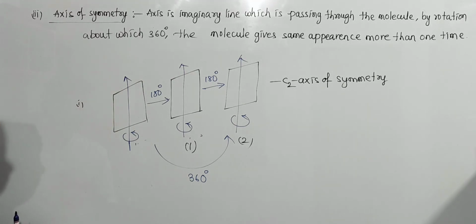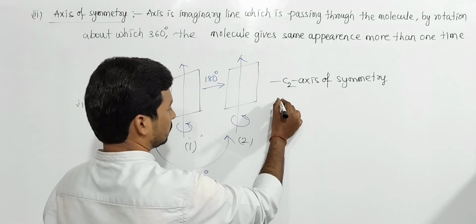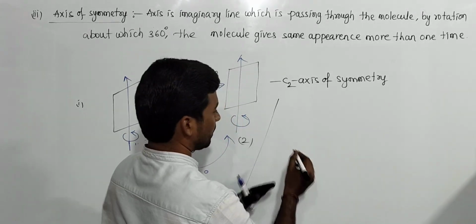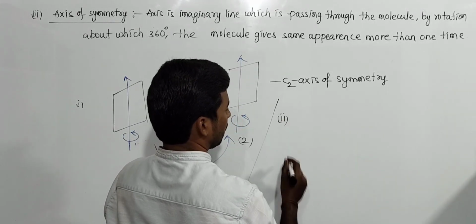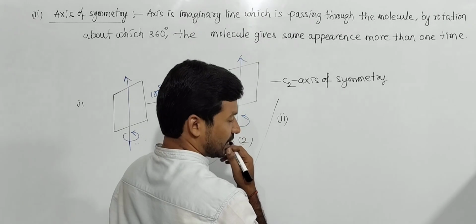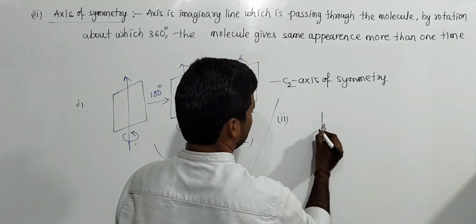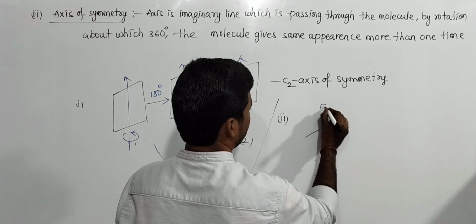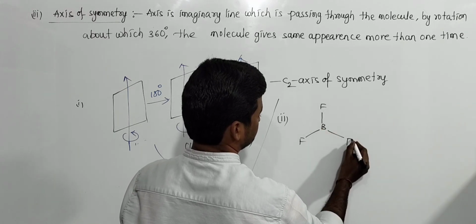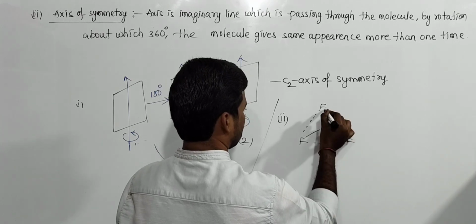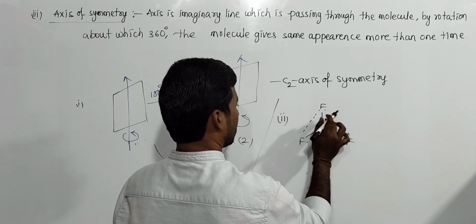Another example, C3 axis of symmetry. For example, if I take the BF3 molecule, it has trigonal planar shape.